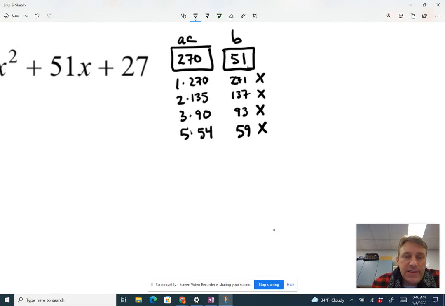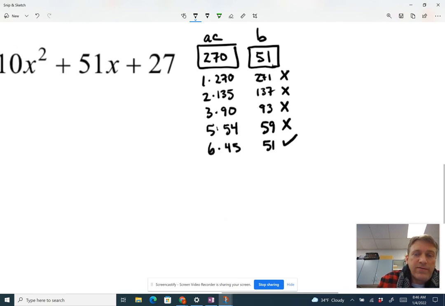So then I try 6, and 270 divided by 6 is 45. And 6 plus 45 is 51. So those are the numbers we're looking for, 6 and 45.